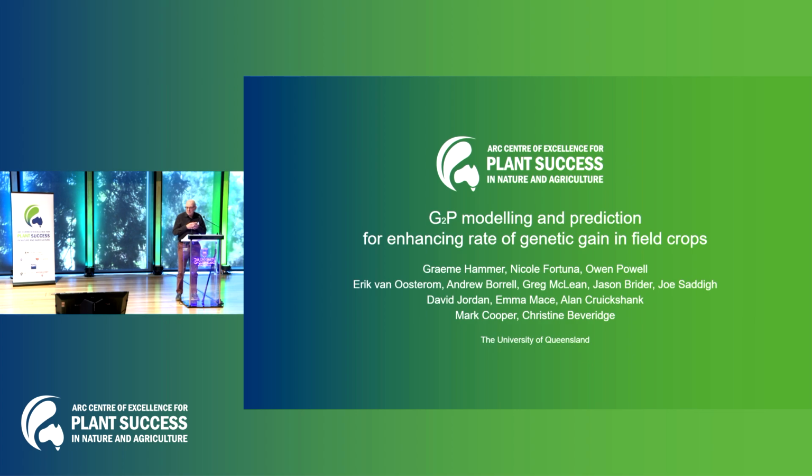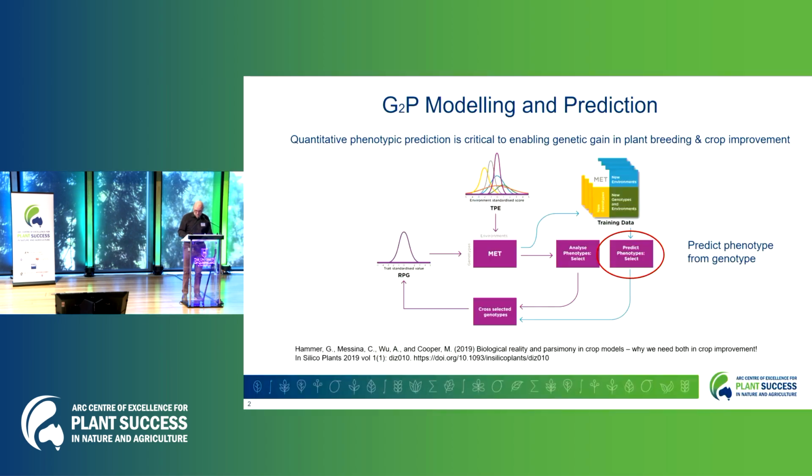The second line are my ecophysiology friends, Eric and Andy, and then the software programming people, Greg, Jason, Joe, then the sorghum genetics and breeding crew at Hermitage, and then the group leaders, Mark and Christine, who connect both the breeding and genomic prediction, G2P work, and through to Christine's branching group where Nicole sits. Really, Mark, I suppose, is the concept architect of this major project in the centre.